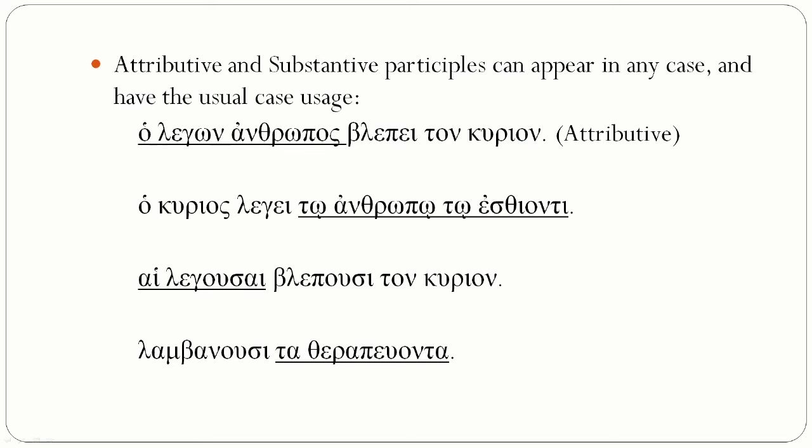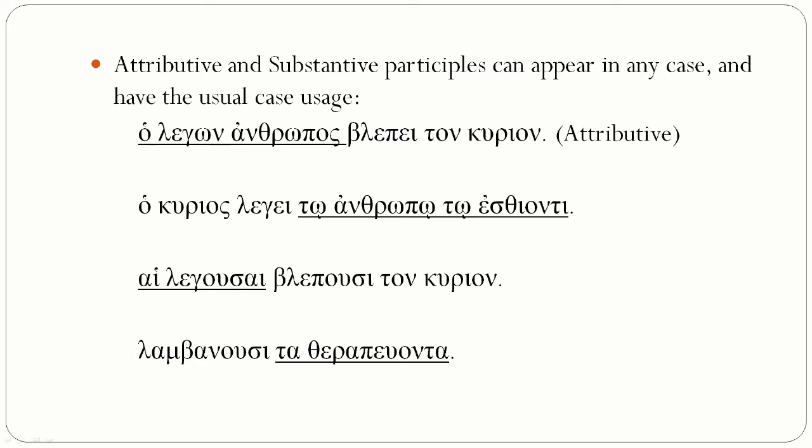All right. Also note that this is a nominative case, so that is going to be the subject. As I said before, the attributive participle attributes something to the noun, and so the way that you translate this phrase is the person or the man who is speaking.